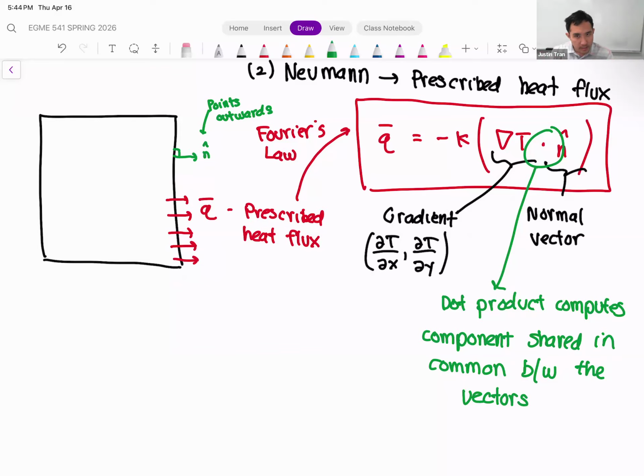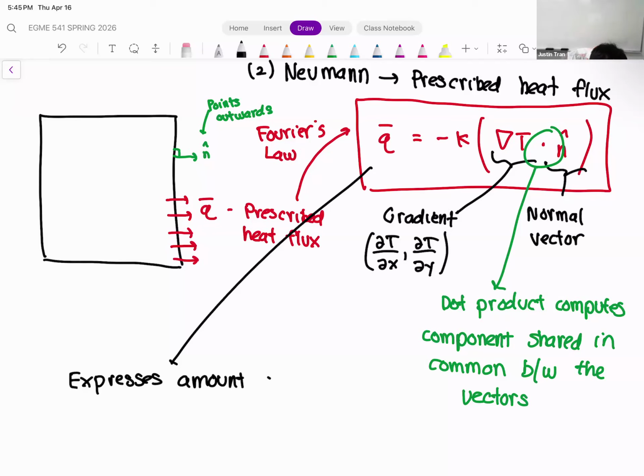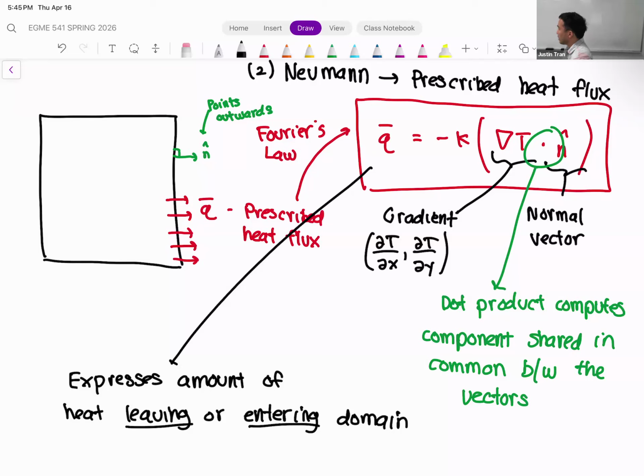Now, if you take all this in its entirety, you take the gradient information, the fact that the normal vector points outwards from the domain, and the dot product, all this is to say that when we compute the heat flux, we only care about the heat flux that's either leaving or entering our domain. So that's what our Neumann boundary condition is going to represent.